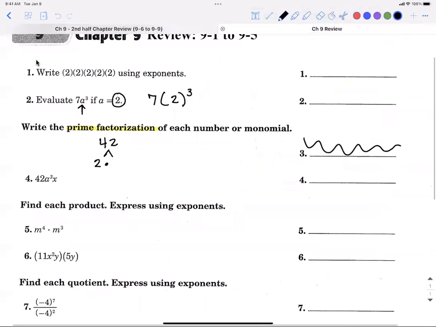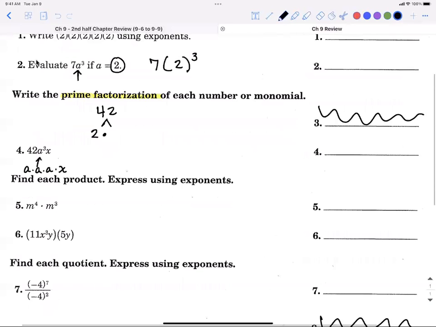Over here on the answer side, you're going to list all your prime factors, but you're also going to break out A to the 3rd as A times A times A and then times X. So break out your numbers and your variables as prime factors, meaning the exponents are all going to be 1 and they're all going to be prime numbers and variables.